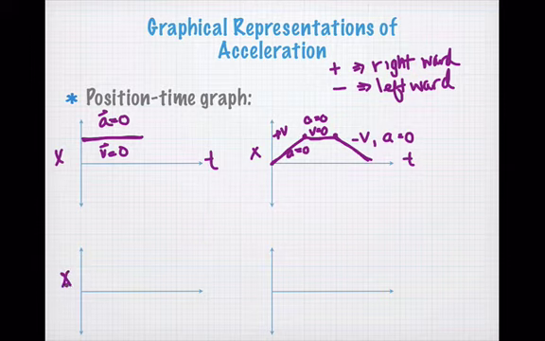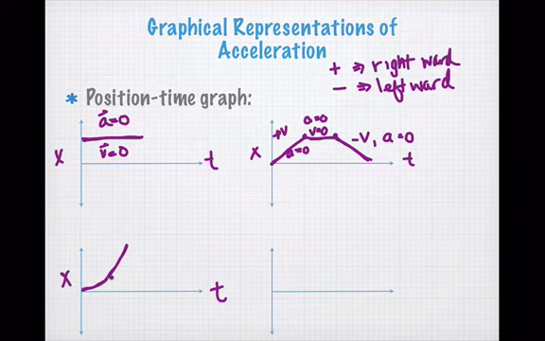What if we see a graph that looks like this? And it curves. Well, in that case, we're starting at our 0 location, our origin, moving to the right. So we're moving rightward, but are we moving rightward at a constant rate?